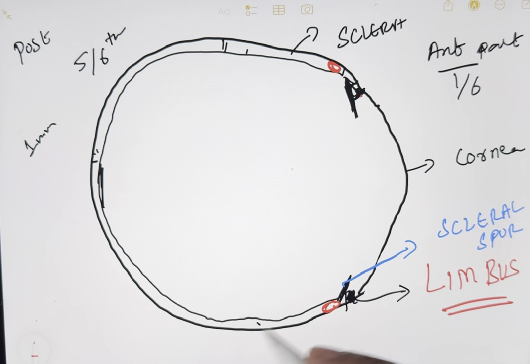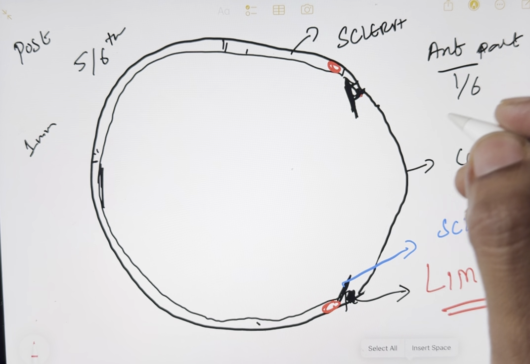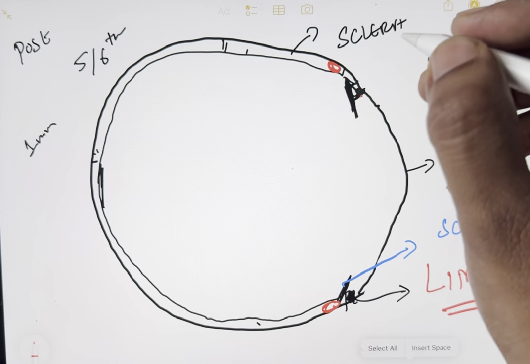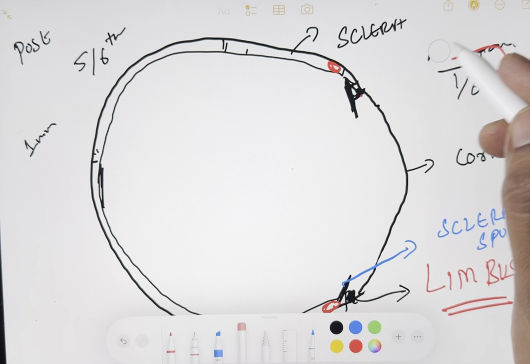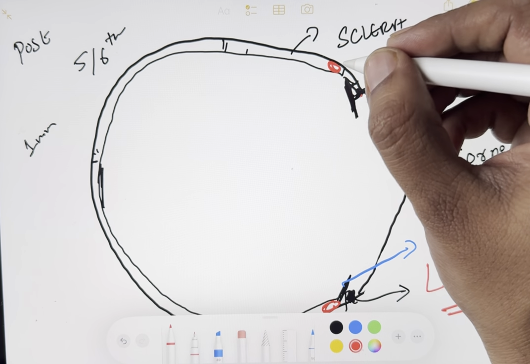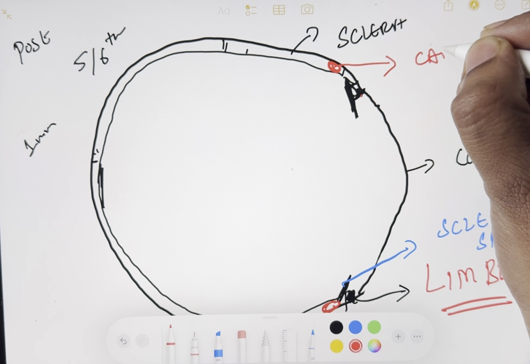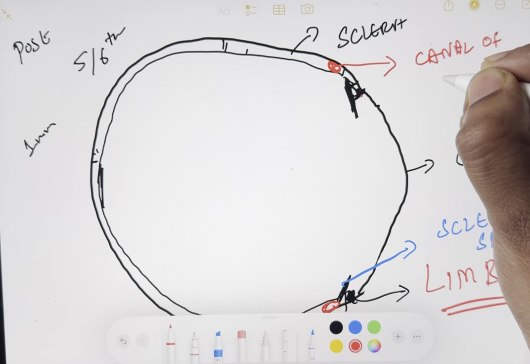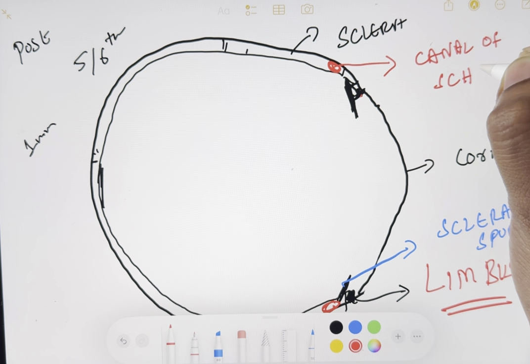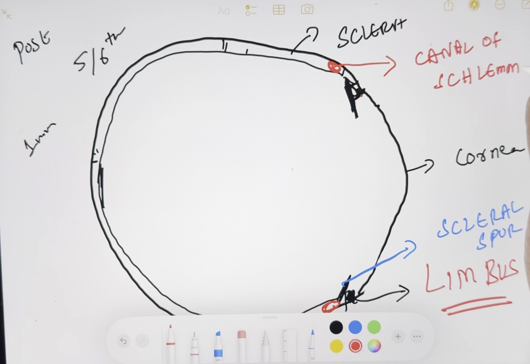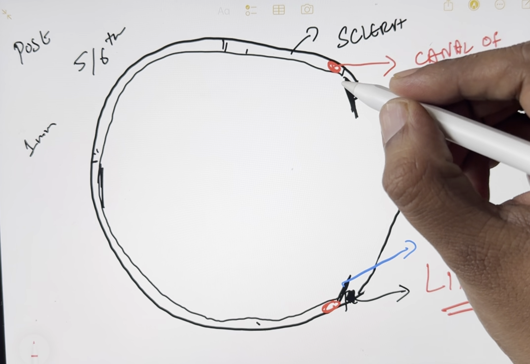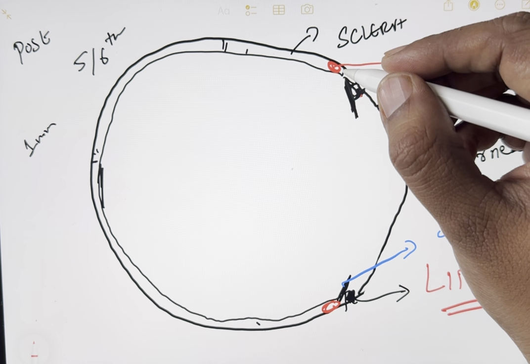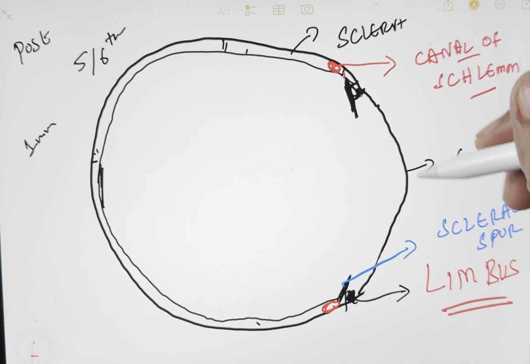This cylindrical opening is called the canal of Schlemm. Let me erase these things and write here: canal of Schlemm, or it is also called the sinus venosus sclerae, but generally it is known as the canal of Schlemm. Basically it drains the aqueous humor.